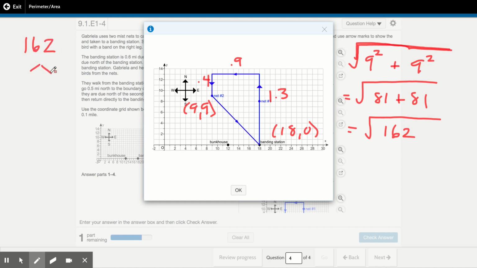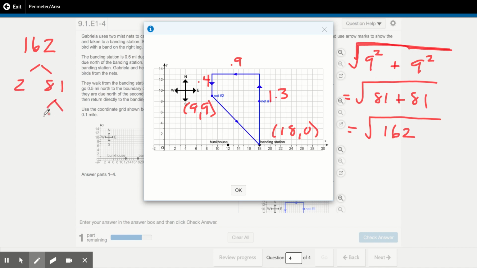So now let's break down 162. Since it's a larger number, instead of dividing it by 2, I want to divide it by 4. But 162 divided by 4 gives me a non-whole number, so I can't divide it by 4. So let's do 162 divided by 2. It gives me 81. So I have 2 and I have 81, and I can stop there. Why can I stop there? Because 81 is a perfect square.